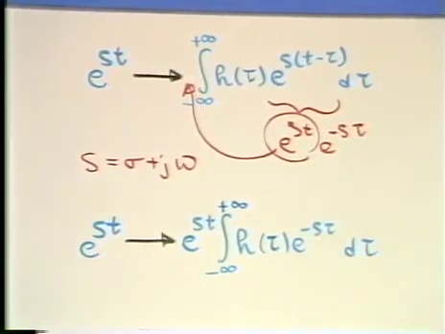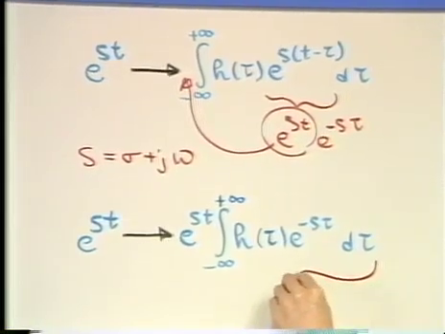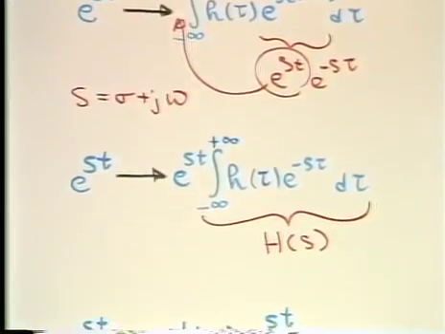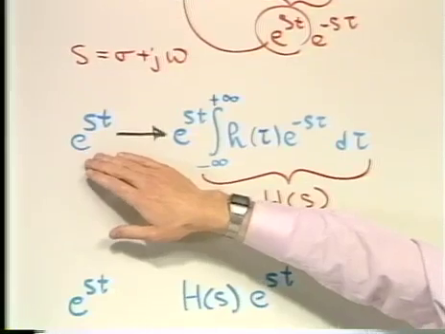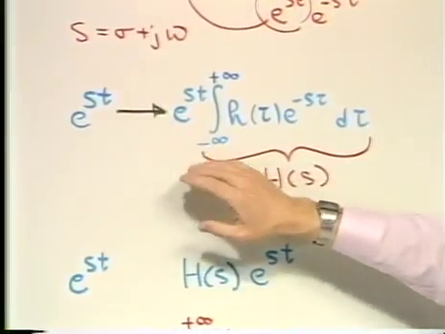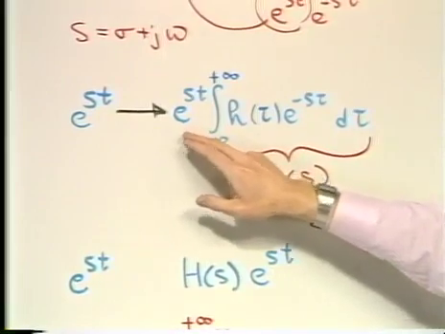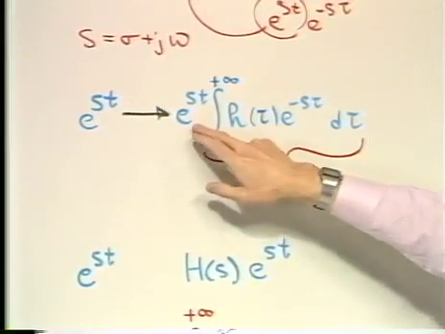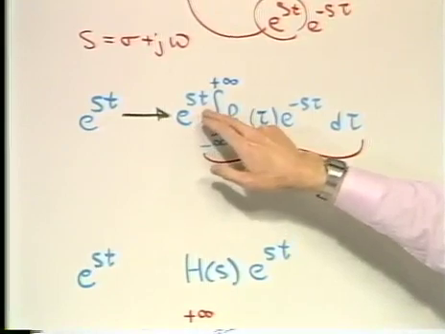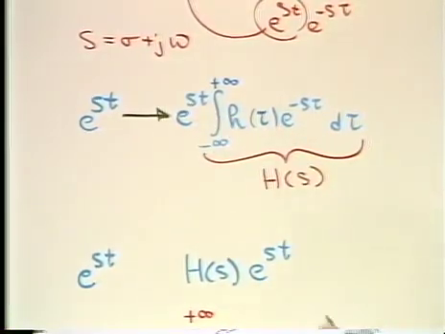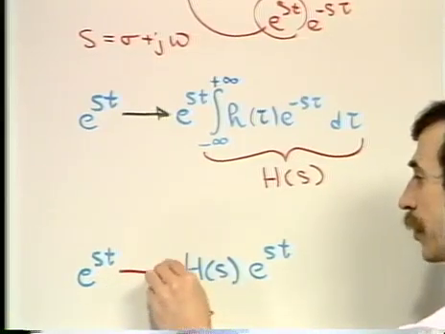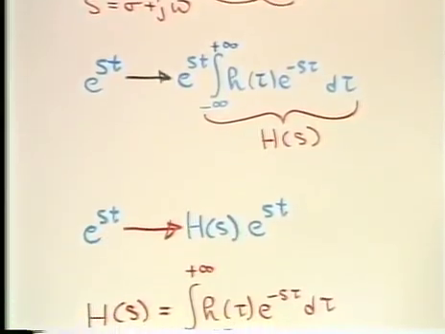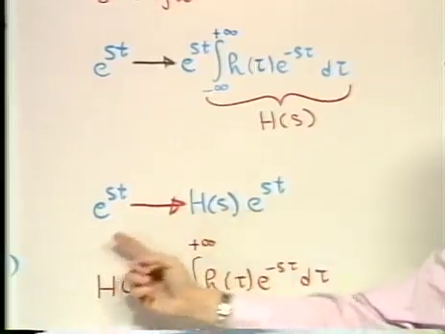Or said another way, this can be denoted as some function H of s that depends on the value of s. So finally, then, e to the st as an excitation to a linear time invariant system generates a response which is a complex constant, depending on s, multiplying the same function that excited the system. So what we have then is the eigenfunction property more generally in terms of a more general complex exponential where the complex factor is given by this integral.